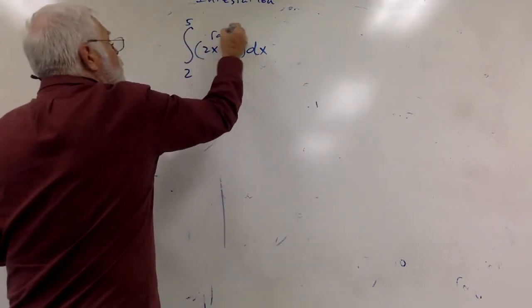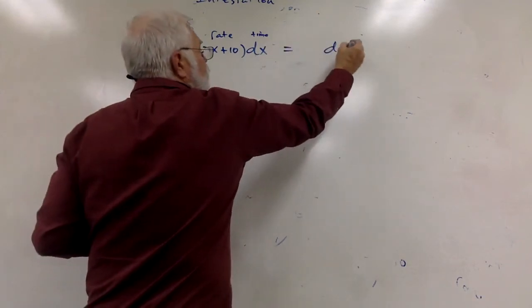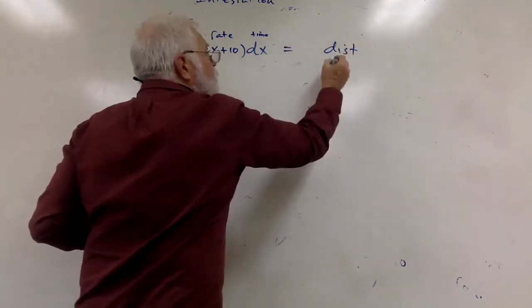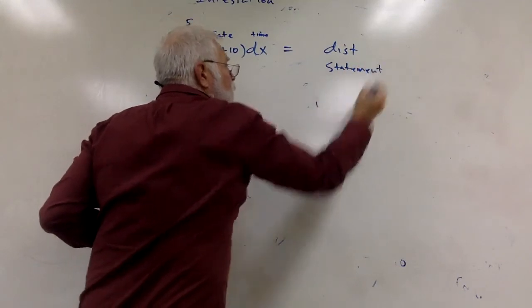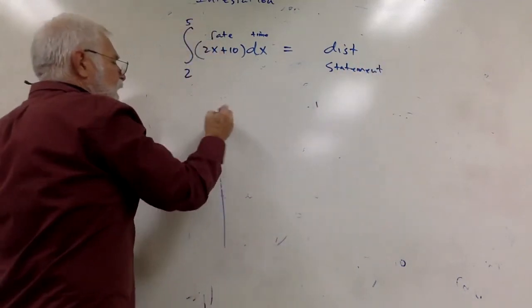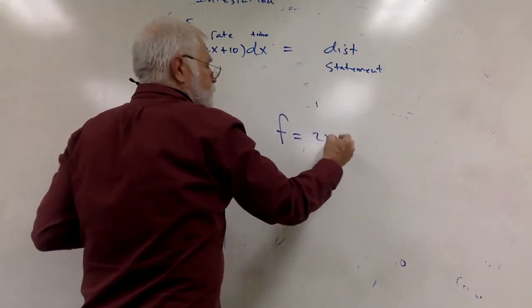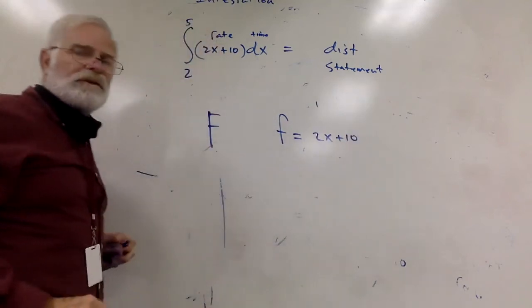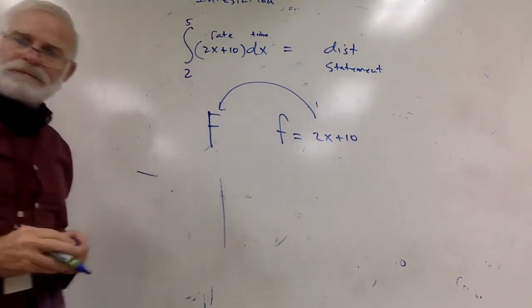Think of this as rate times time, and that's going to give us some kind of distance statement. What I'm really saying is that came from a parent function. This is the rate, and we've just started talking about how to go from the rates back to the parent function.